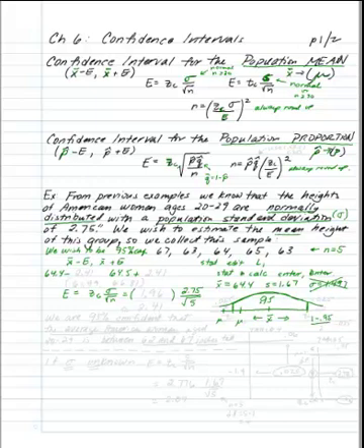Let's then take and divide that number in half, and then what we get is 0.025 or 2.5%. So we have 2.5% in this tail and 2.5% in this tail. Okay, this is the key to our Z sub C.